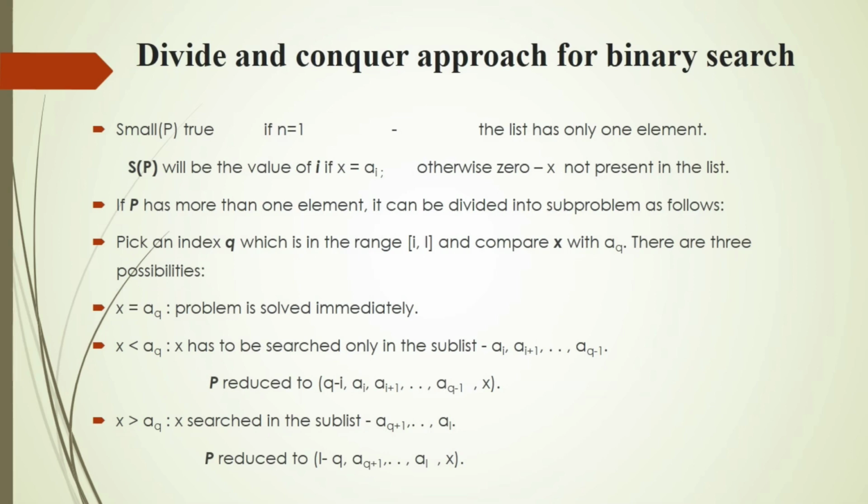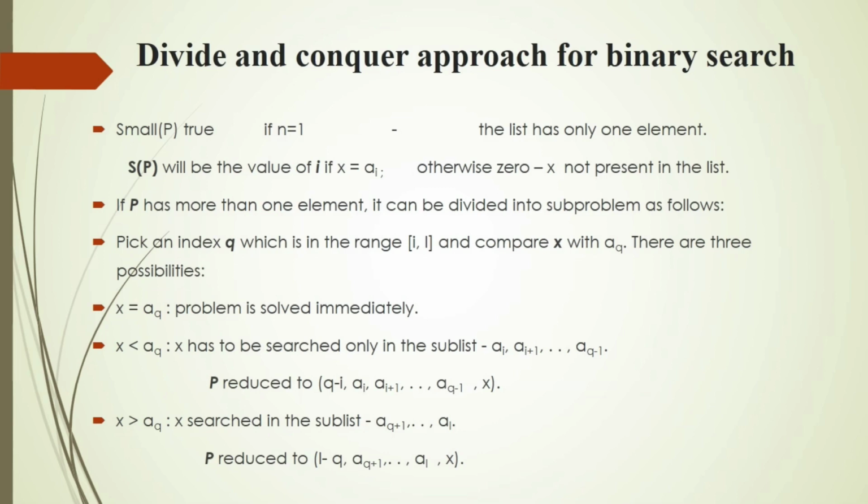So now the problem P reduces to a new value of n, that is q minus i. The number of elements is q minus i. Then the array starts from a[i+1] until a[q-1], and the key element still remains the same, that is x.